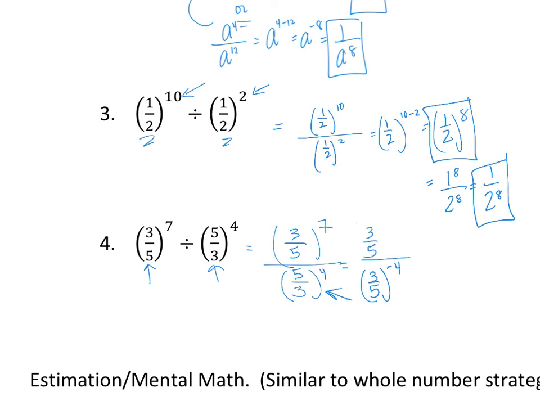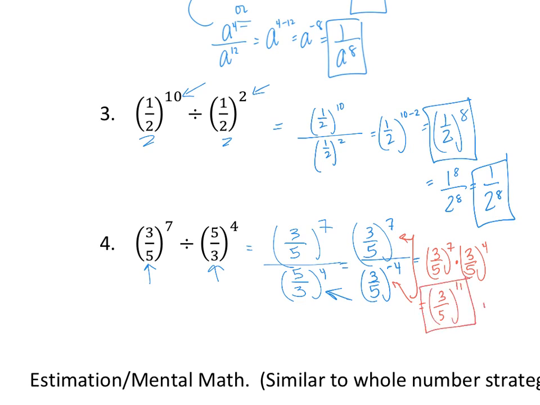So now if I have that, I can bring this to the top. So that would look like 3 over 5 to the 7th power times still 3 over 5, but now to the +4. When it moves, it changes to that positive sign. So then altogether, I have 3/5, well, 11 of them, which would be my final answer. You don't have to put that into a calculator.